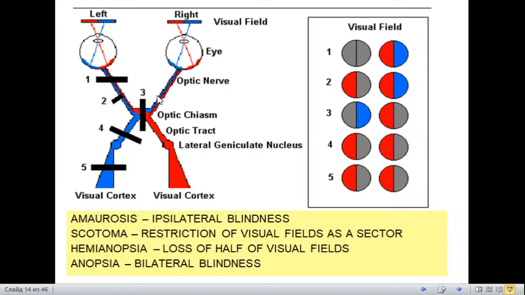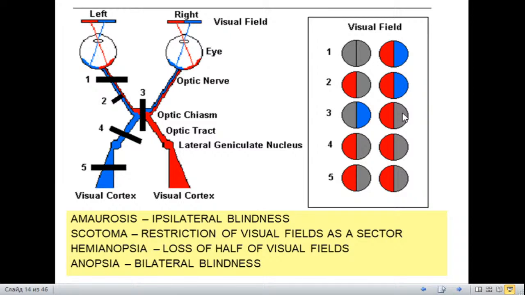Look, the blue line follows from the medial half of the retina of the right eye, and this half controls the temporal visual field at the right side. And another line is a red one. It goes from the medial half of the left retina. It also controls the temporal visual field. So as you can see, in case number 3, both temporal visual fields are lost.